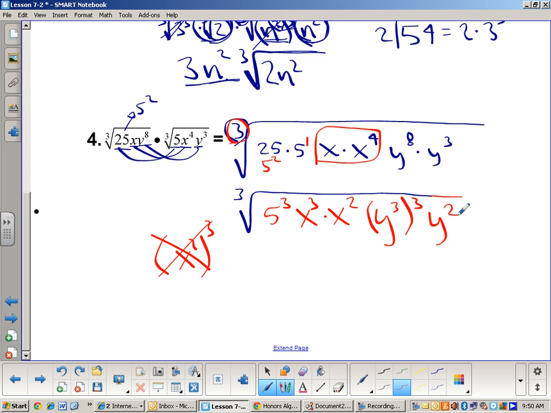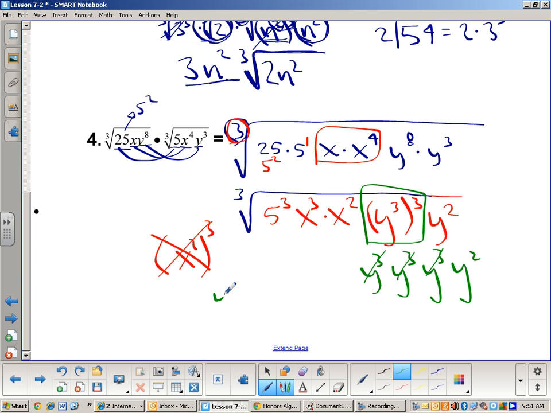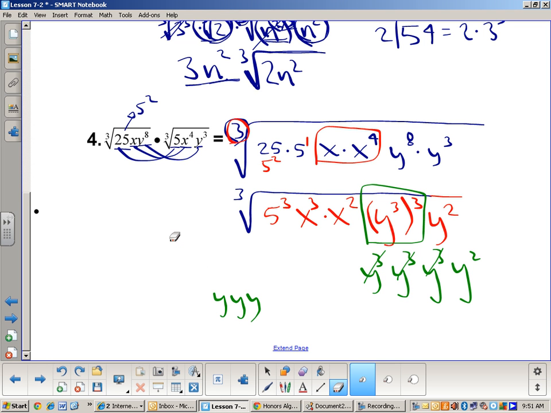This concept right here just dawned on me. Might be very confusing to some of you. You might like it better if you just wrote this as y cubed, y cubed, y cubed, y squared. What do they add up to? 11. You might find it easier to look at it this way. And then you're going to cancel a y, a y, a y, and you're left with, out front then 3 y's. Okay, so whichever technique works better for you, don't be afraid to use it.